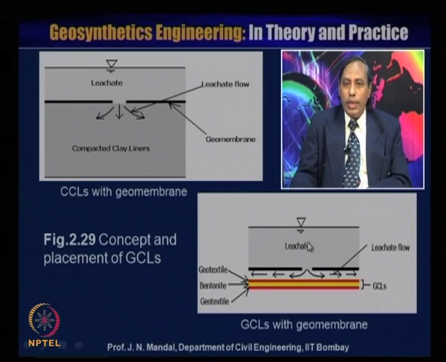When the leachate passes through this, you can see the direction of the leachate flow. Whereas in a clay liner the leachate flows vertically downward, here it flows along the plane, like a transmissivity.